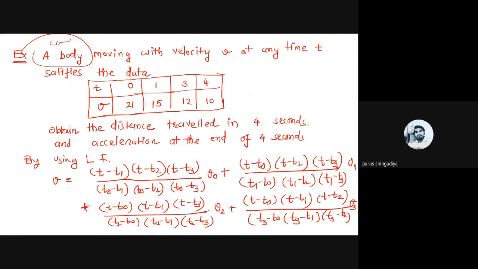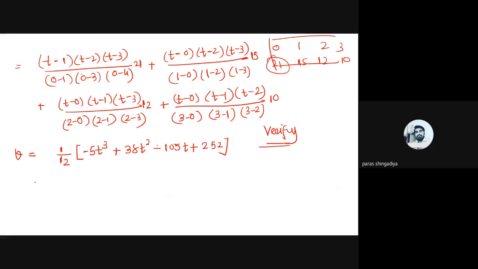Clear? So as we know, let us use the notation for the distance first, and then we'll write this term. Let us consider small s is the distance of the body traveled in time t. Let us consider this notation for the distance s. And as we know, what is the equation of velocity?